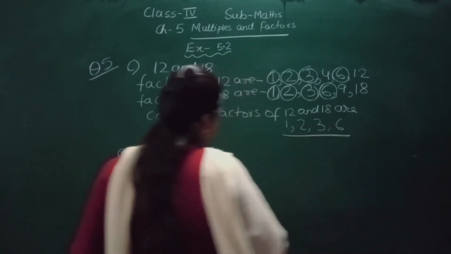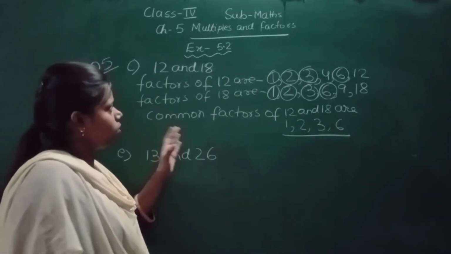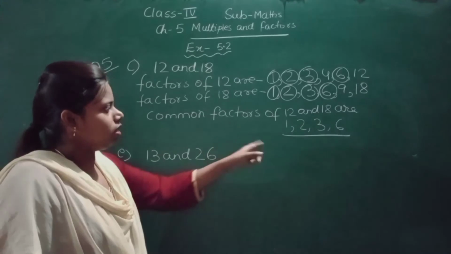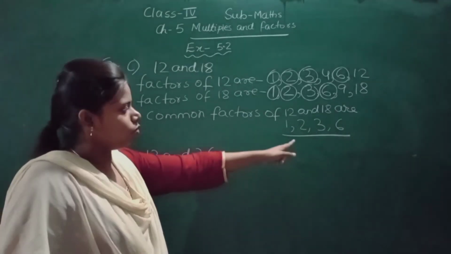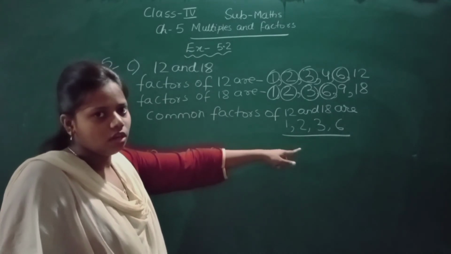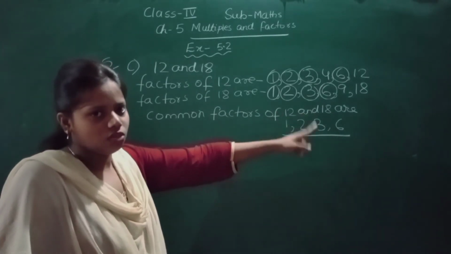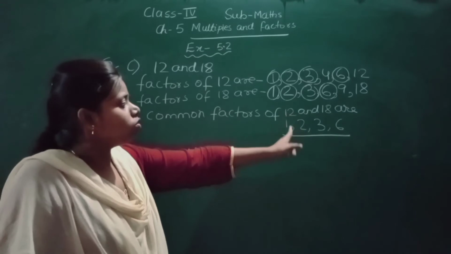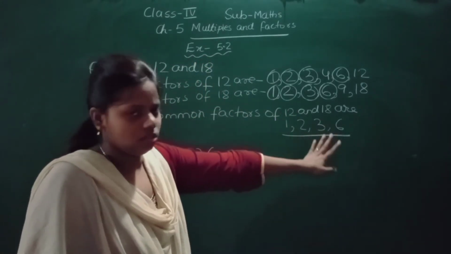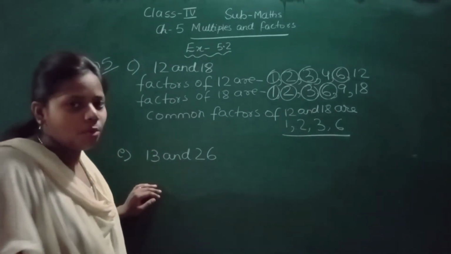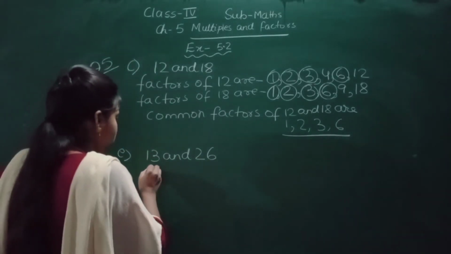These are the common factors of 12 and 18. In this table 12 also comes and 18 also comes. In the table of 2, 12 also comes, 2 6s are 12, 2 9s are 18, 3 4s are 12, 3 6s are 18. So the common factors of 12 and 18 are 1, 2, 3, 6.